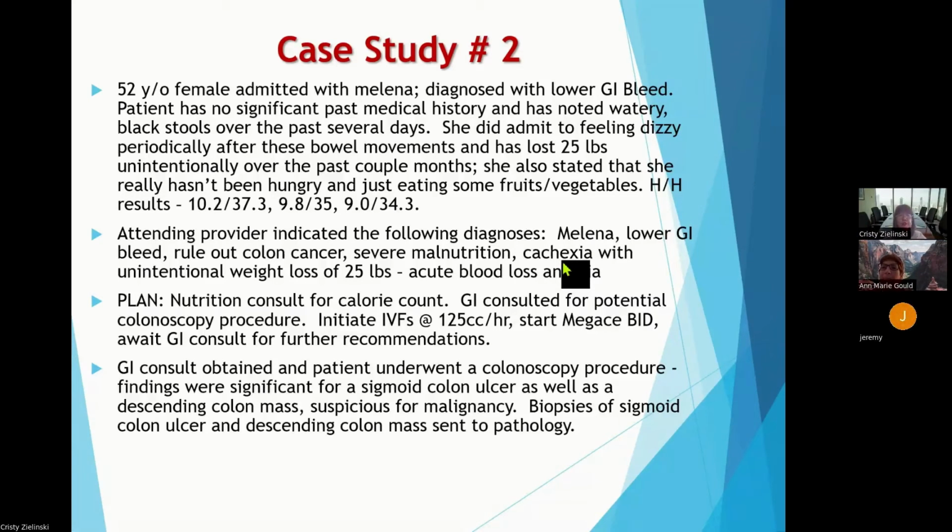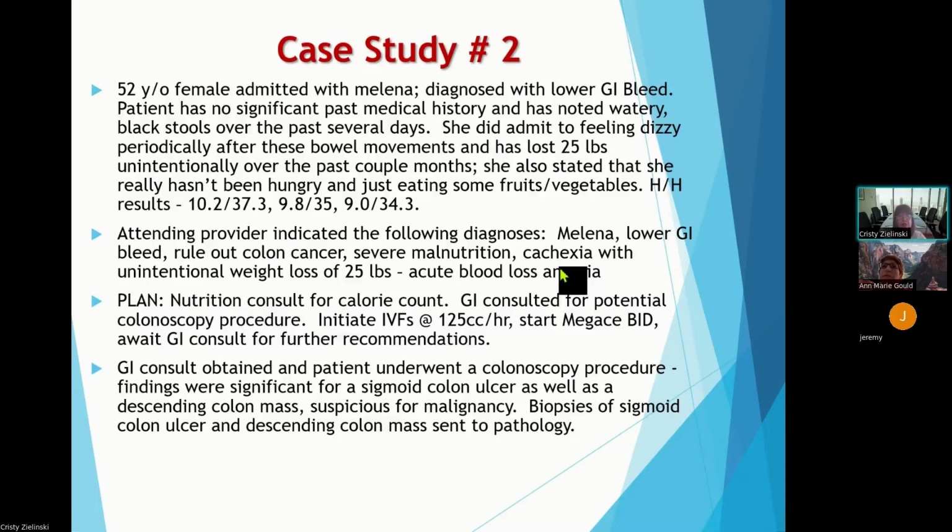Case number 2 is a 52-year-old female admitted with melena, diagnosed with lower GI bleed. Patient has no significant past medical history and has noted watery black stools over the past several days. She did admit to feeling dizzy periodically after these bowel movements and has lost 25 pounds unintentionally over the past couple of months.